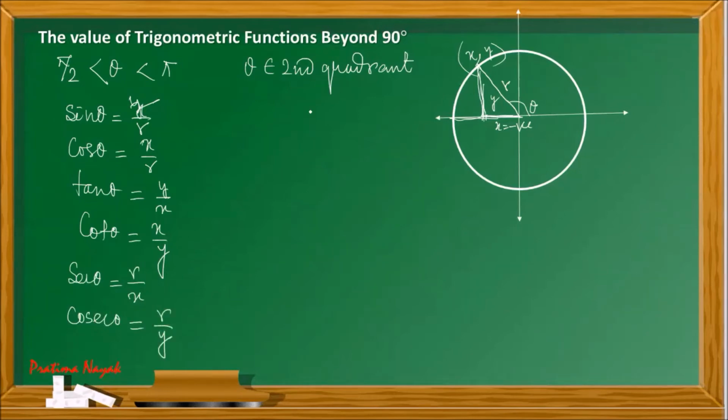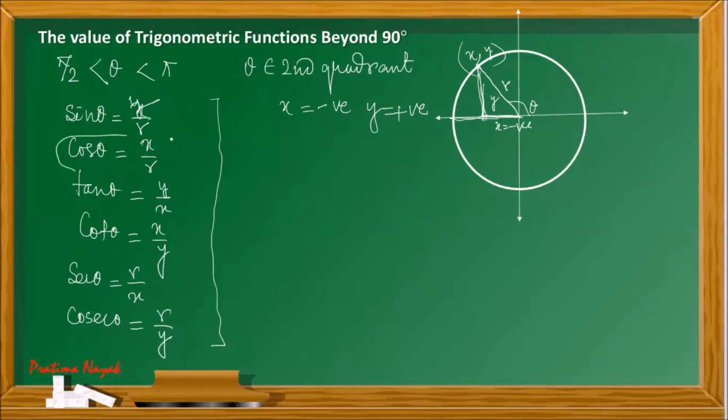So here in the second quadrant, what is positive and what is negative? X is negative and y is positive. So which functions among these will be positive and which negative? Where x is there, it will be negative.